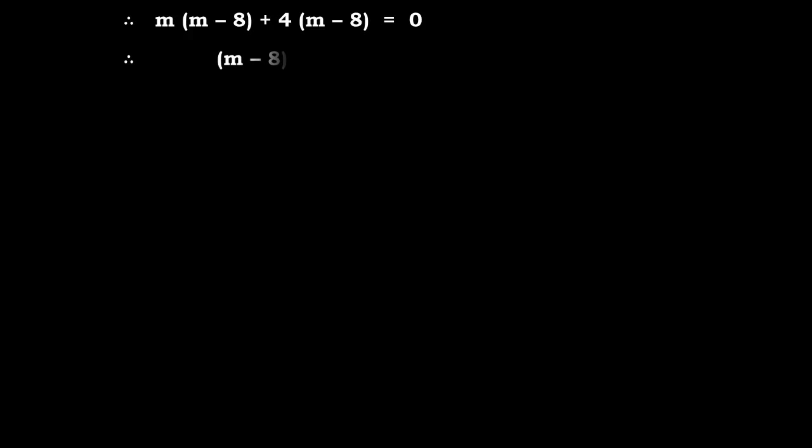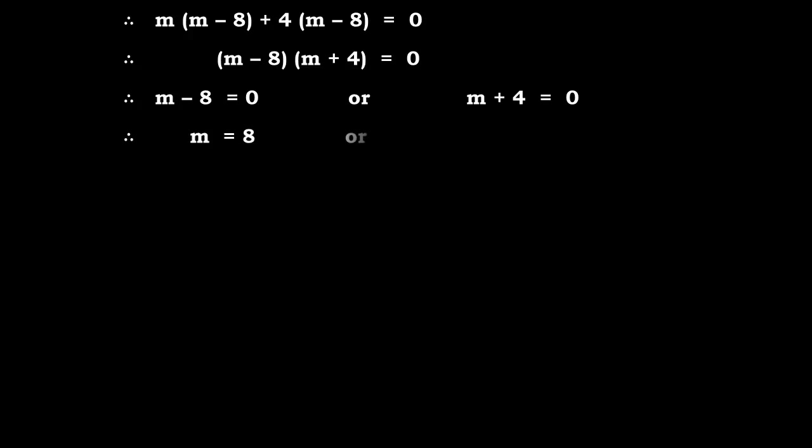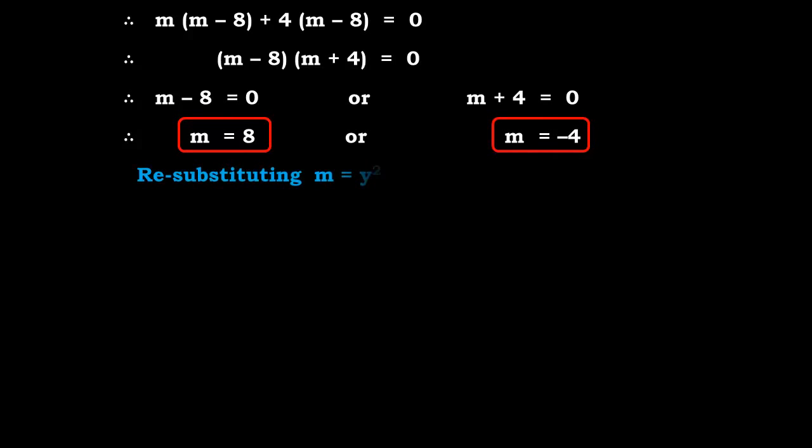So (m minus 8)(m plus 4) is equal to 0. Therefore m minus 8 is equal to 0 or m plus 4 is equal to 0. So m is equal to 8 or m is equal to minus 4.